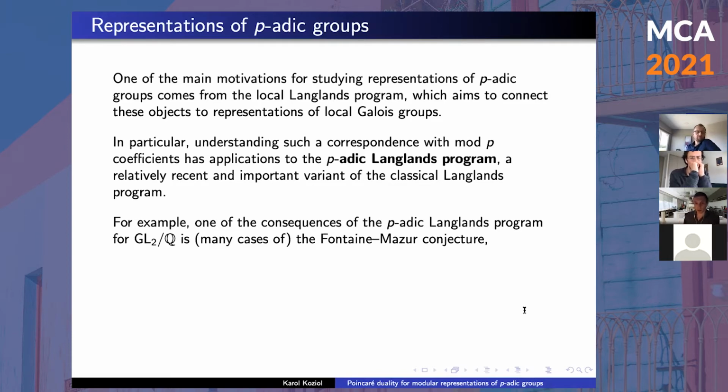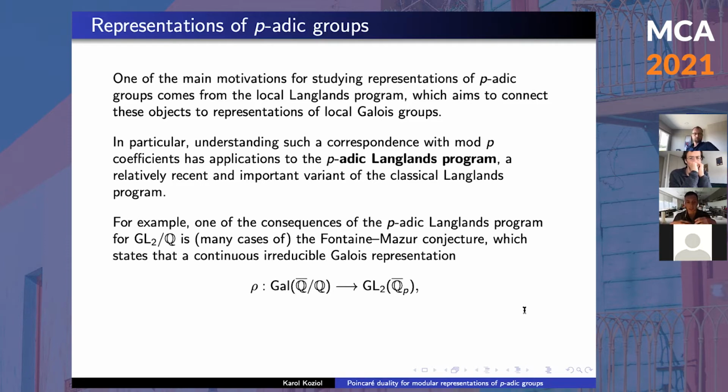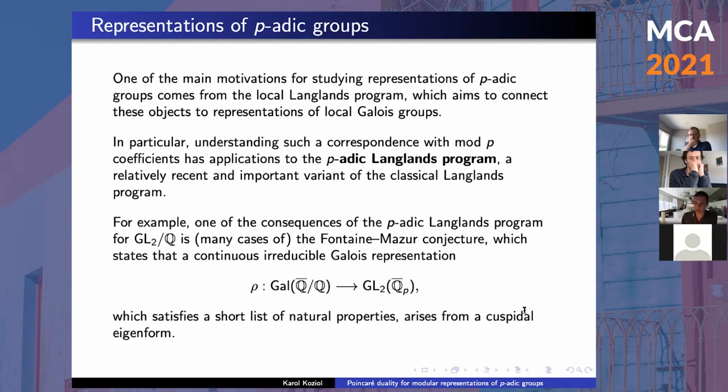So one of the consequences of this p-adic Langlands program, just for the group GL2 over Q, is many cases of the Fontaine-Mazur conjecture, which states that a continuous irreducible Galois representation from the absolute Galois group of Q into GL2(Q_p bar), which satisfies a short list of natural properties, natural here in the colloquial sense, actually arises from a cuspidal eigenform.